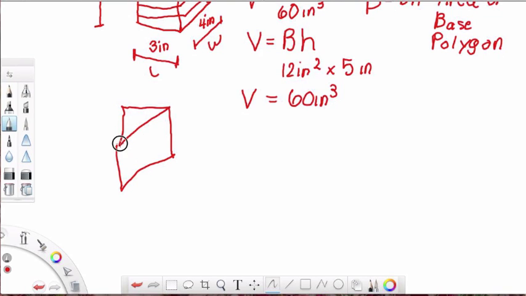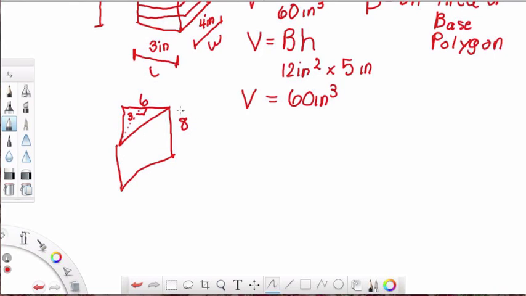And we're going to say that it has the height of 3. It has the base of, let's say 6, and it has the height of 8.